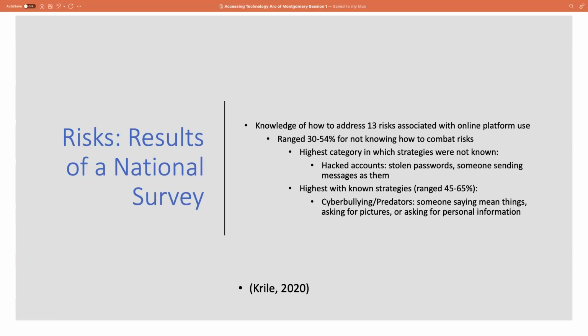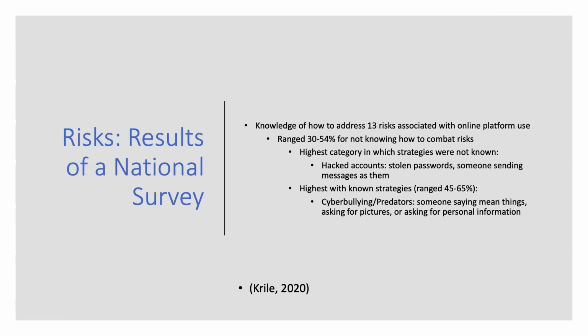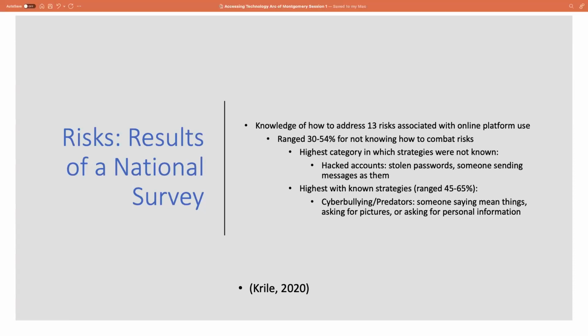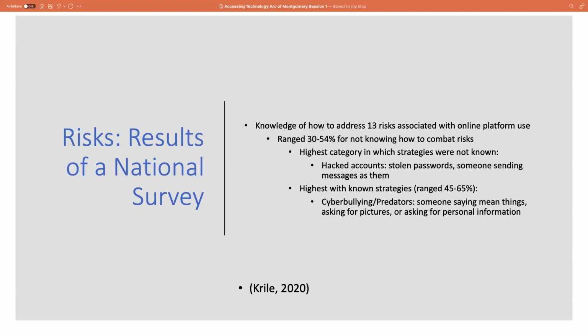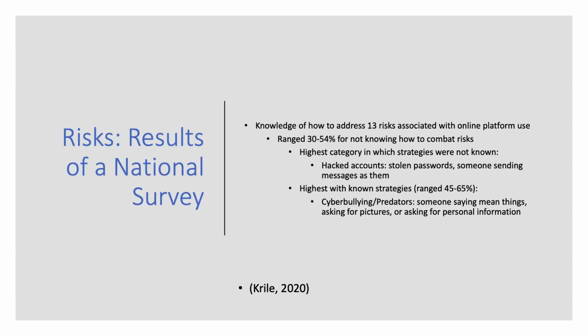They didn't know anything about being hacked, and I think that was my lowest category. The other one was not knowing what to do if somebody sent messages as them, so hacked their accounts and sent messages to other people, and maybe those messages weren't good messages. They didn't know how to deal with that. So that was the highest category where no strategies were known.